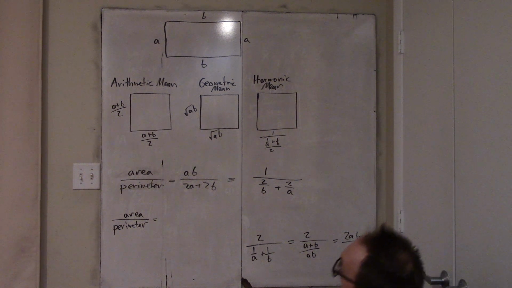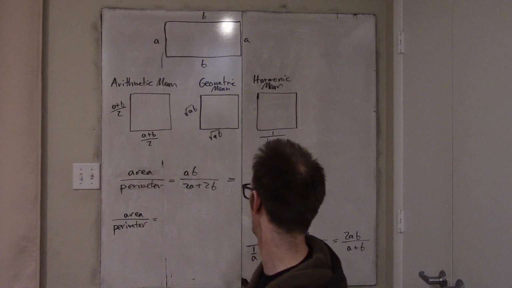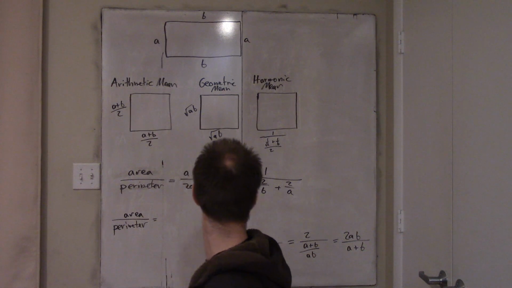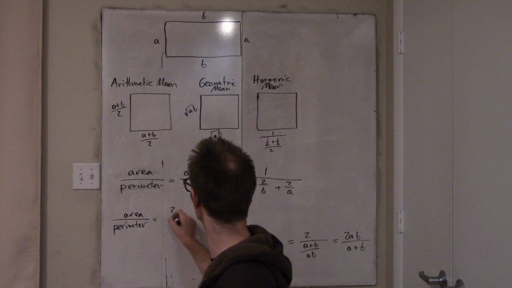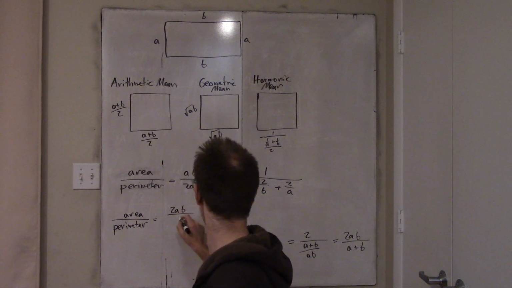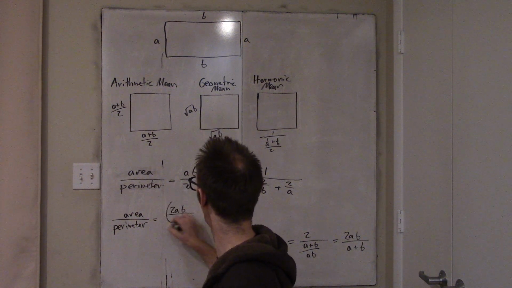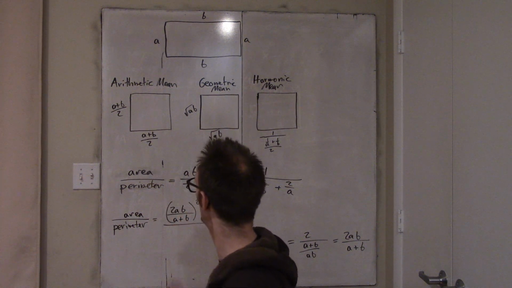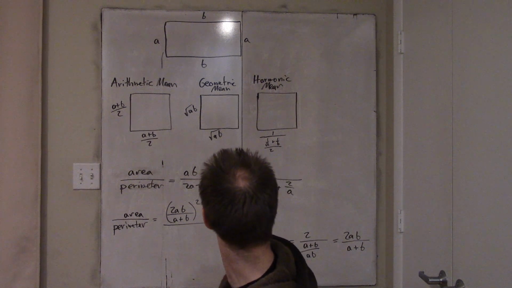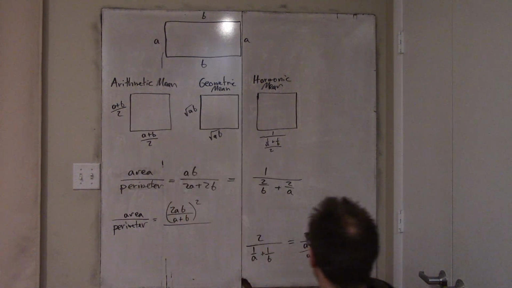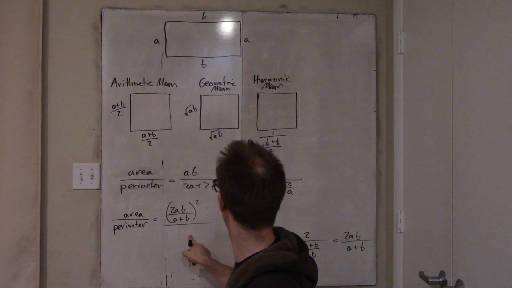And, okay, so the area of this thing is going to be that squared. So it's going to be 2AB over A plus B, quantity squared, is the area. And what's the perimeter? The perimeter is going to be 4 of these.